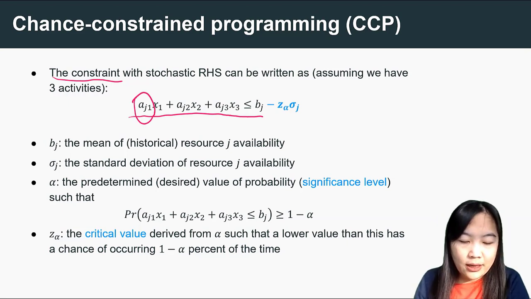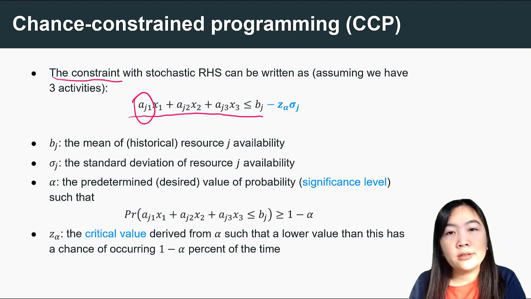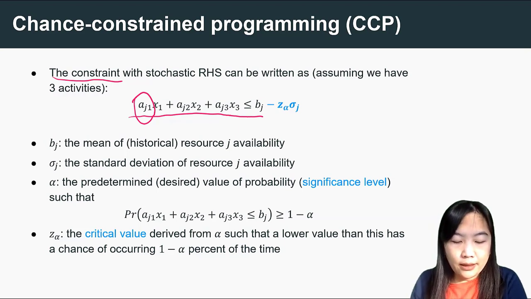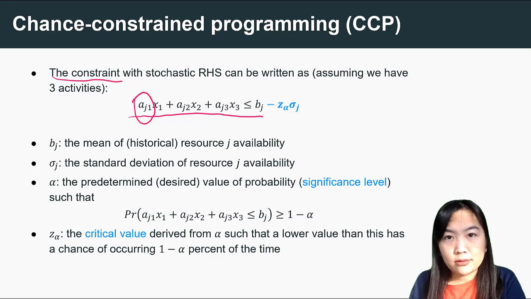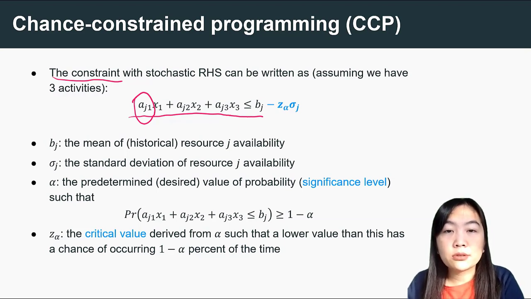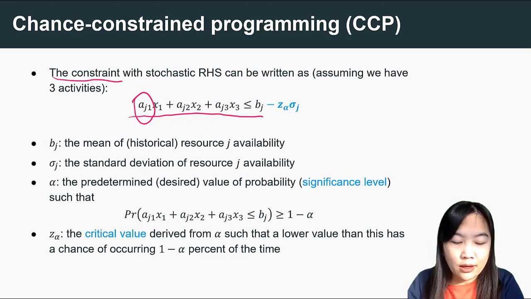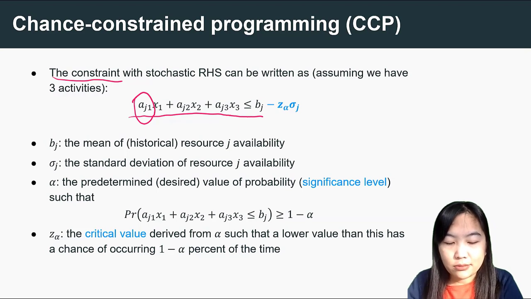This a_j1, a_j2, and a_j3 are the technical coefficients. And the X1, X2, and X3 are the decision variables. So you can imagine X1, X2, and X3 here are the acres that the producer allocated to grow wheat, soybean, and corn.